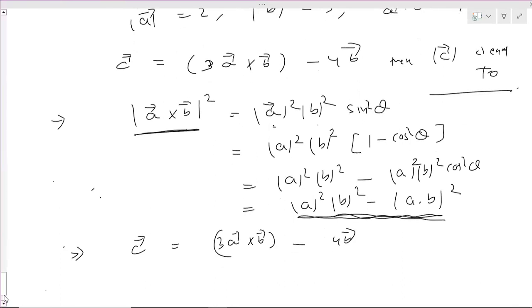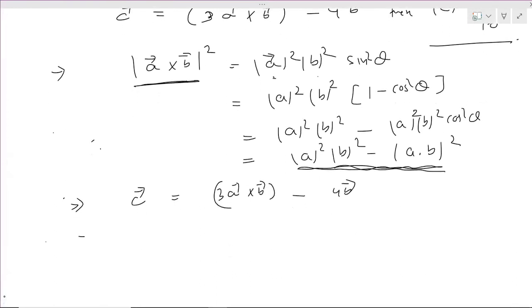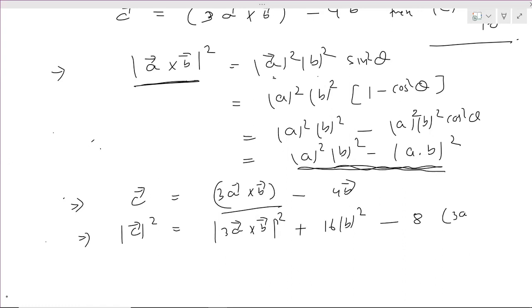If I square both sides, then mod C square equals 3A cross B mod square plus 16 mod B square minus 8 times 3A cross B dot B. Yes or no? Yes. Everyone? All right.